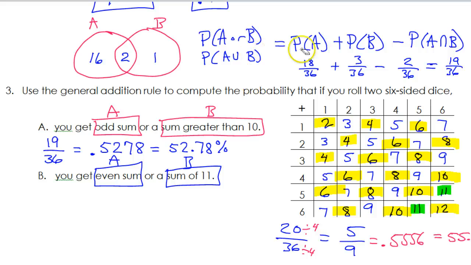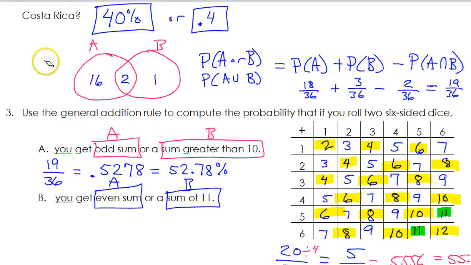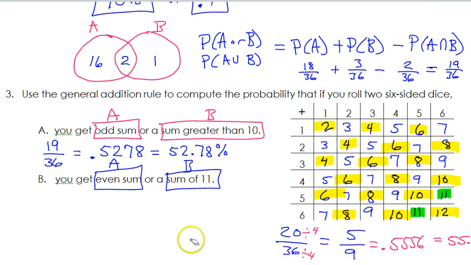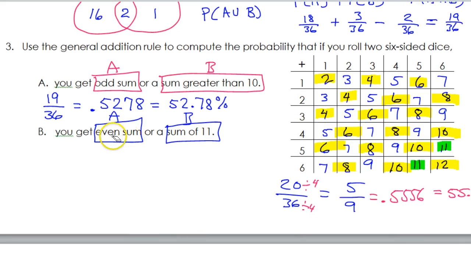Now remember on the last problem when we looked at the formula, how anytime we had overlapping events, we could find the union by adding the probability of each event and subtracting the overlap, subtracting the intersection. So those were overlapping events. Notice that these two events are not overlapping.